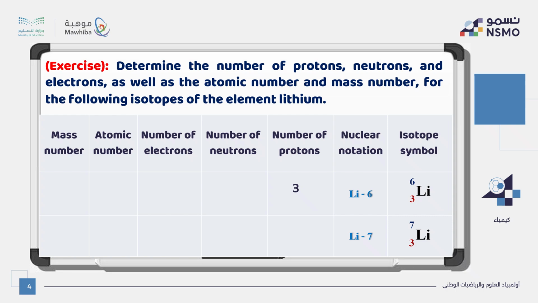For lithium-7, the mass number is 7, so the number of neutrons is 7 minus 3 equals 4. Both isotopes are lithium because they have the same number of protons, but they differ in the number of neutrons.